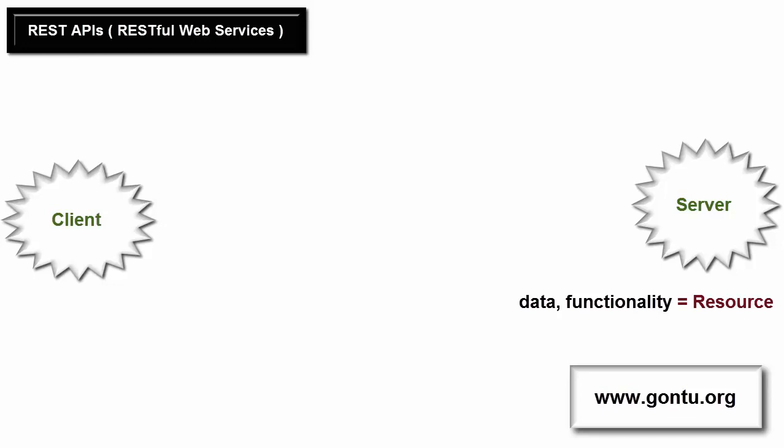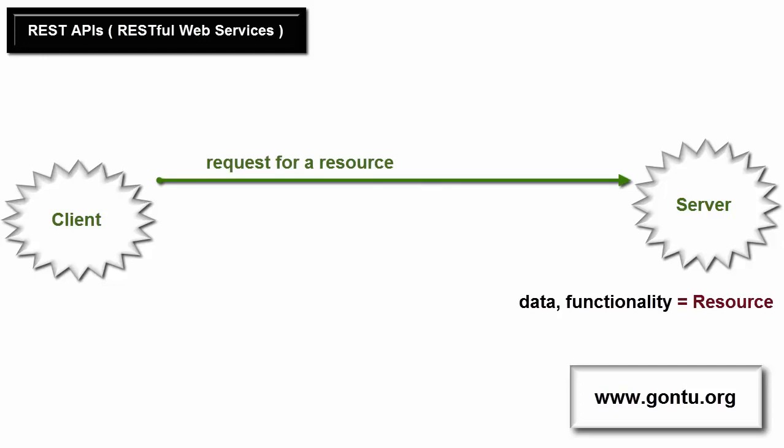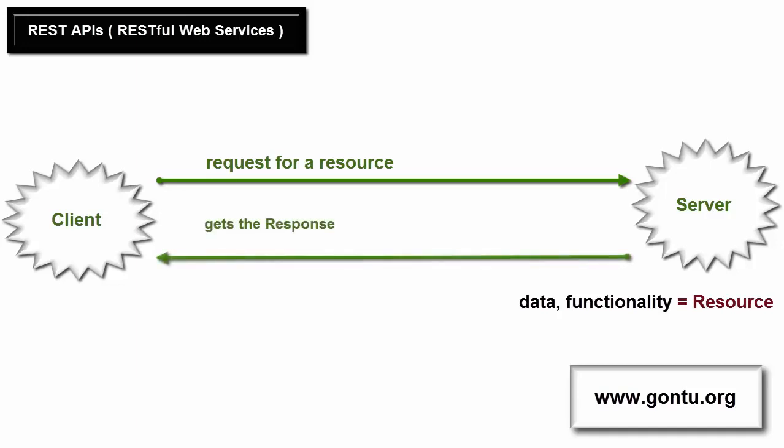A client can access or modify any of the resources present at the server application using its URI. So here is how it works. Client sends a request to the server to access a resource using its URI as provided by the server, and server sends a response back to the client.